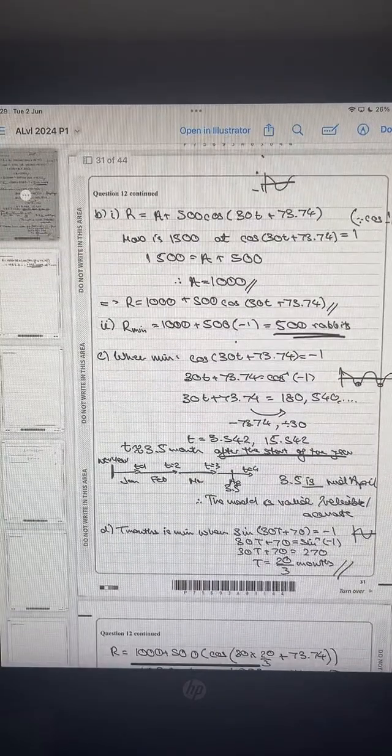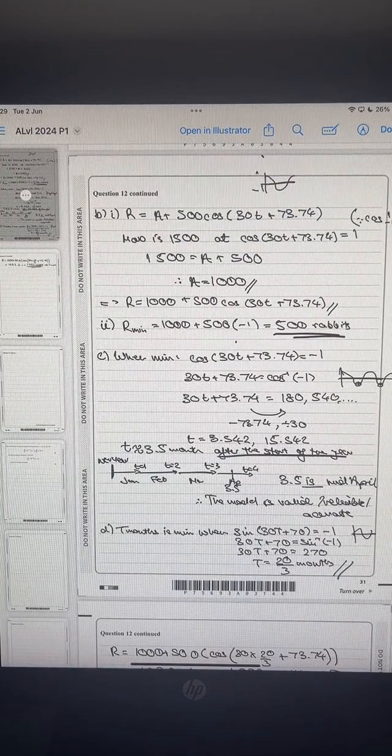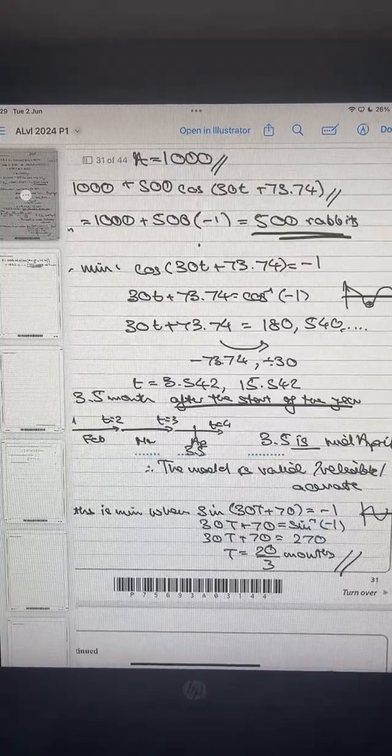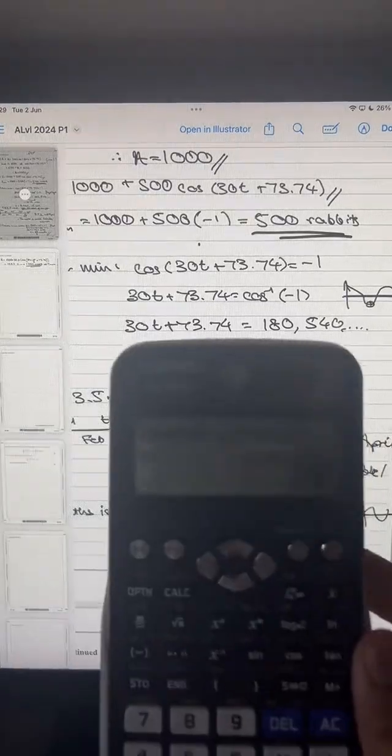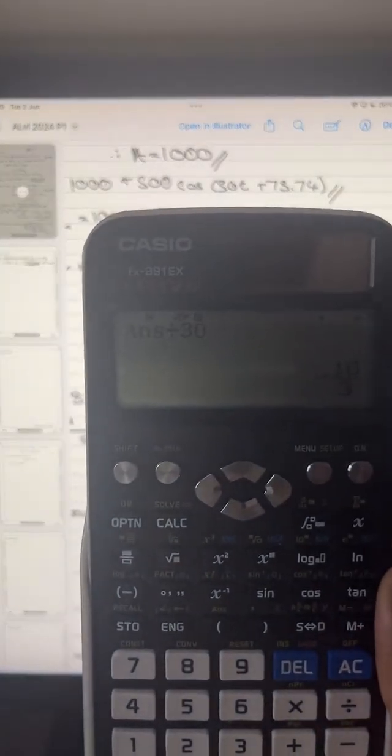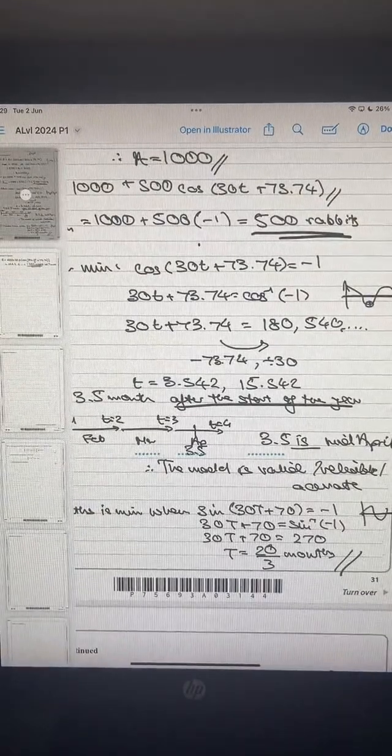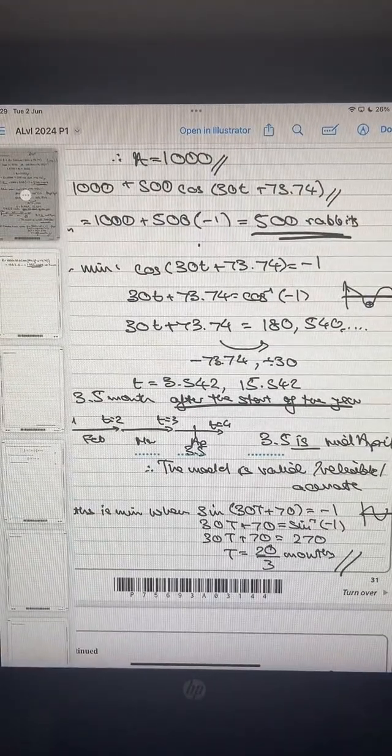If I do negative 90, so I have inverse sine of negative 1, turn that into degrees, and that gives me negative 90. And if I subtract 70 from that, negative 90 minus 70, I get negative 160, and I divide that by 30, I get for my months negative 16 over 3. And you can't have a negative number of months, so that's not possible.